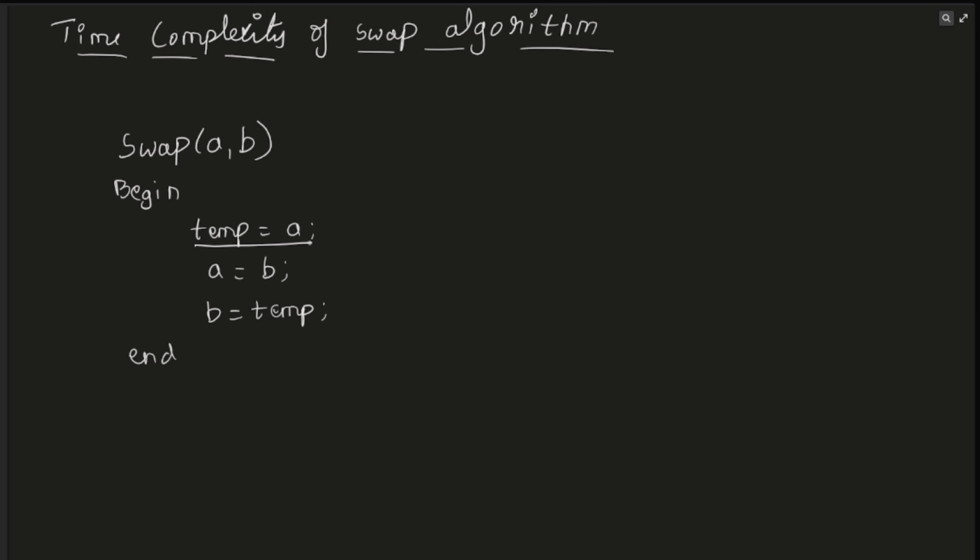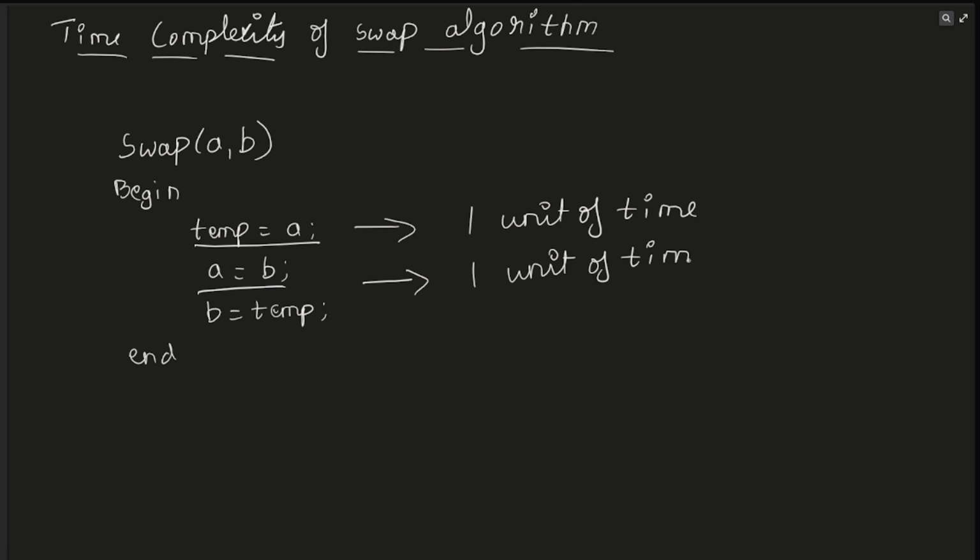Here, this is a simple statement where we are just updating a variable. This takes 1 unit of time. And this is again the same, updating variables, 1 unit of time. Even the third line takes the same 1 unit of time.